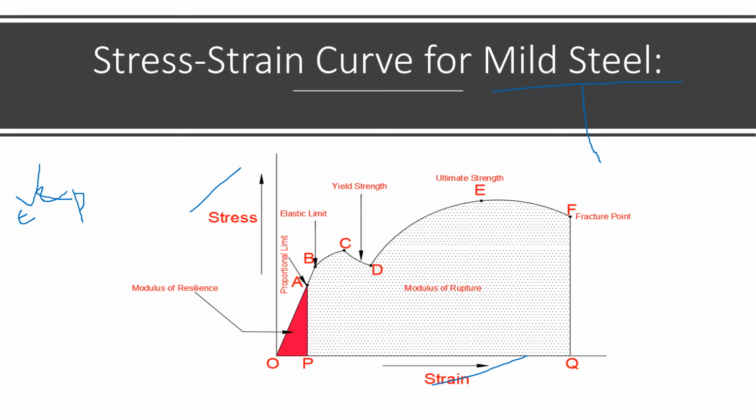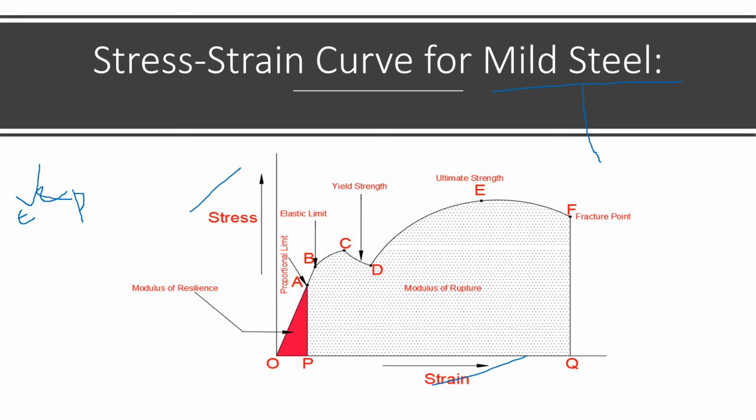When a ductile material like mild steel is subjected to some tensile force, and we know the types of forces also, tensile force and compressive force, the tensile force is the force acting away from the member.